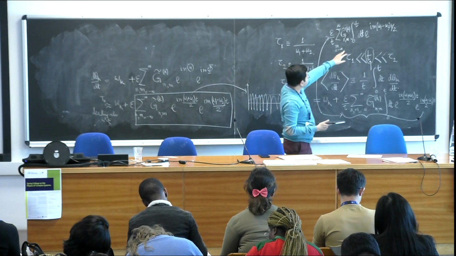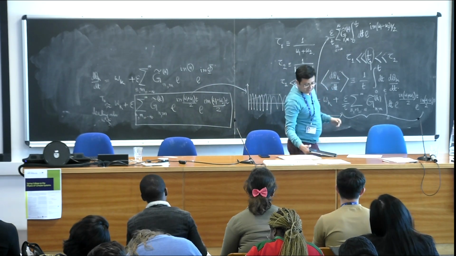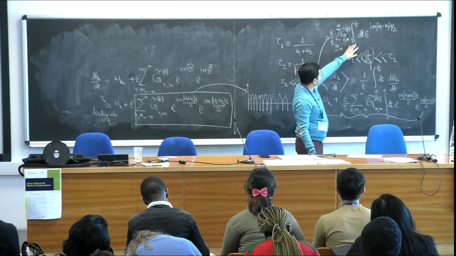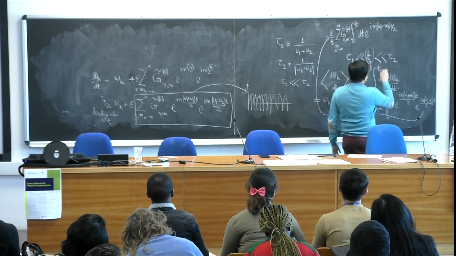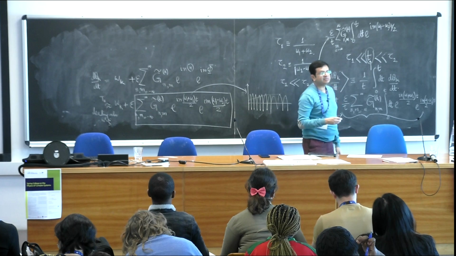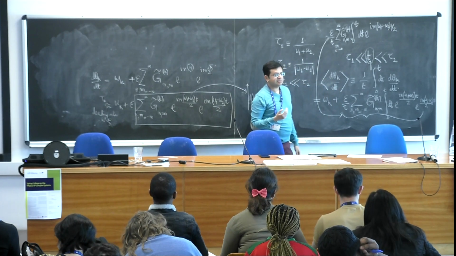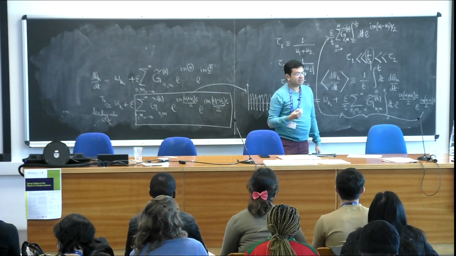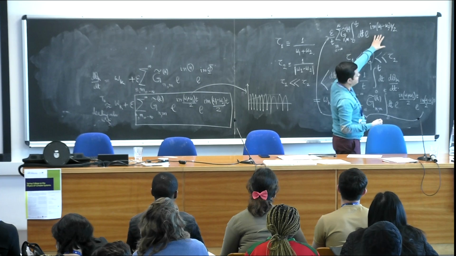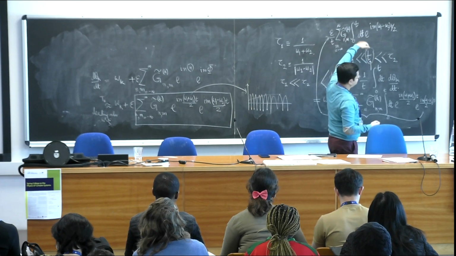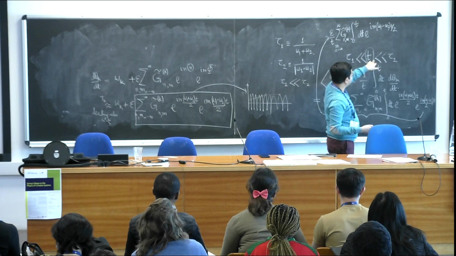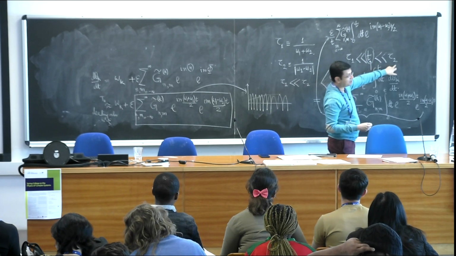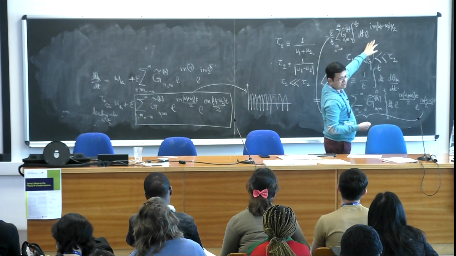But this integral can also be significantly simplified. What do I need to do this integral? You remember that t is in that regime. Does the integrand change a lot over this window? No, because this time is much smaller than this time scale. So I can just pull that out. It doesn't change much.